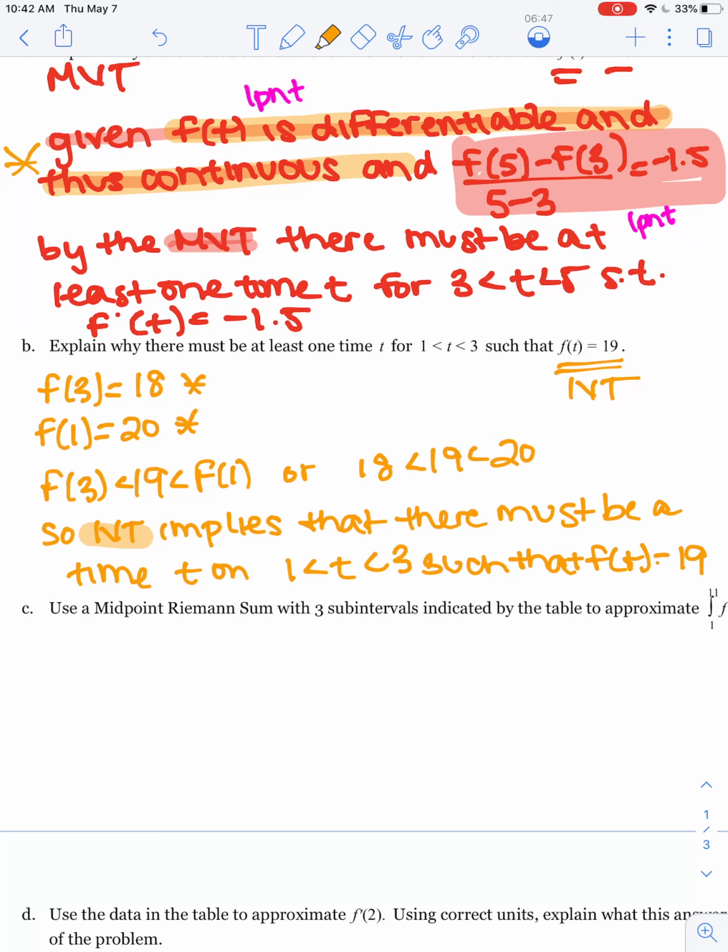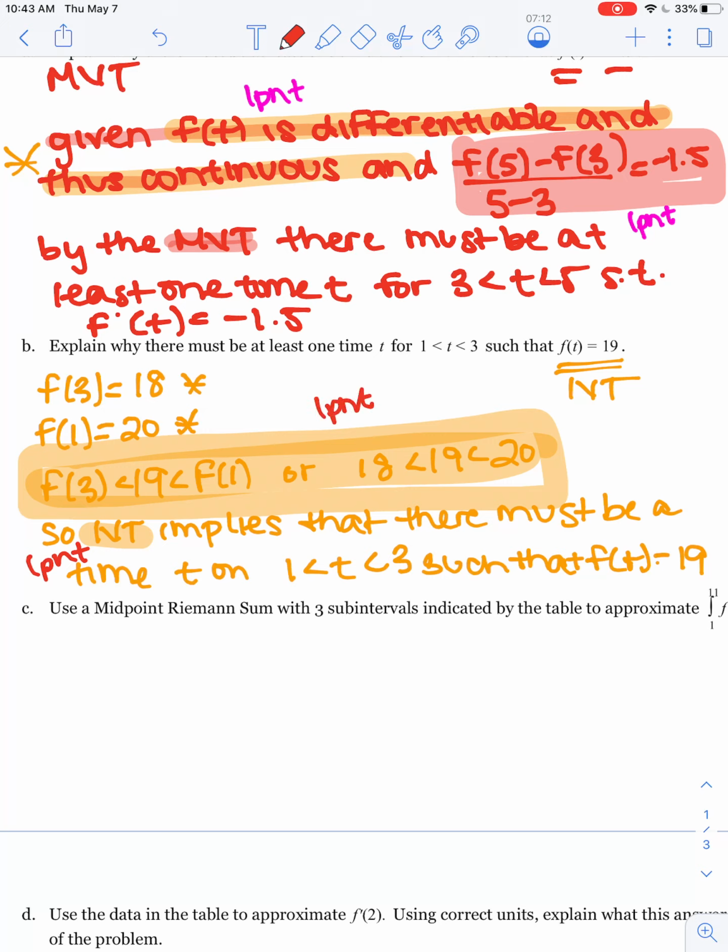The other point came from this statement here: we need to explicitly say that f of 3 is less than 19 is less than f of 1, or that 18 is less than 19 is less than 20. Those were where your 2 points came from. So 1 point for utilizing and quoting the intermediate value theorem, and 1 point for analyzing what our function is doing at either end of that time interval.